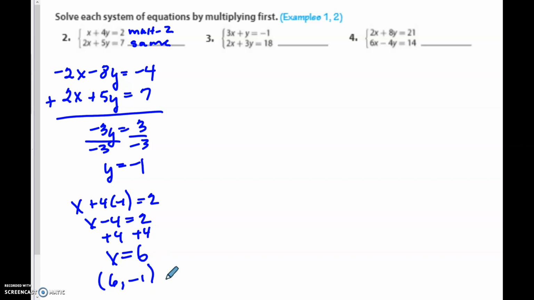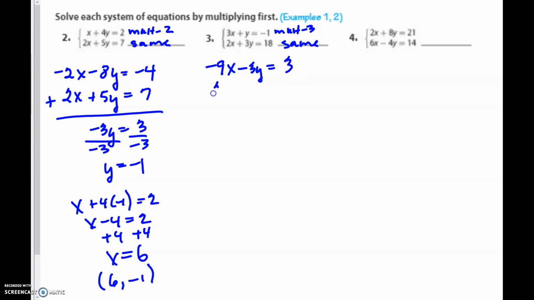Alrighty, moving on to number 3. Let's see, my game plan here is I'm going to multiply this one by a -3, and I'm going to keep this one the same. So I get -9x minus 3y equals a positive 3.